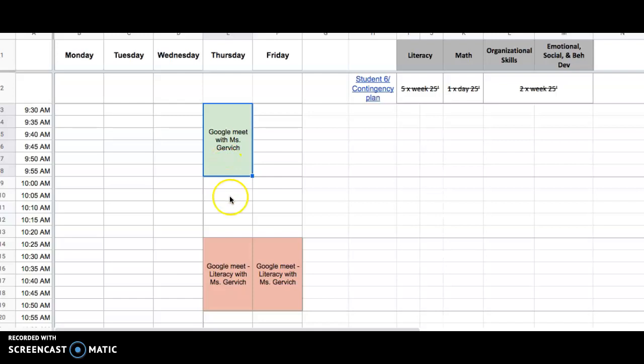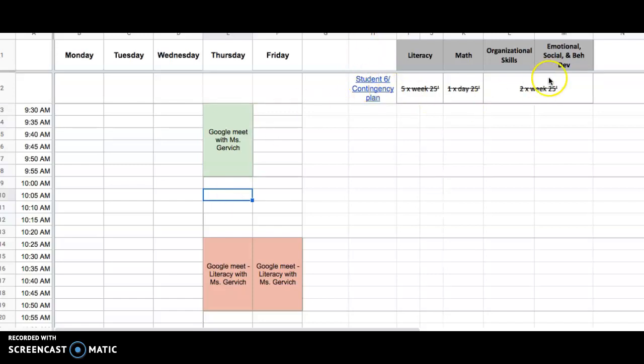This is going to be helpful not just for the student and the parents, but also for the paraprofessionals that we work with. We can say you're going to be working with these students, and these are the schedules, and this is when you need to come in and support them during the general ed time, or while I'm in a Google Meet with other students and we go into breakout rooms, then the para can support that student.